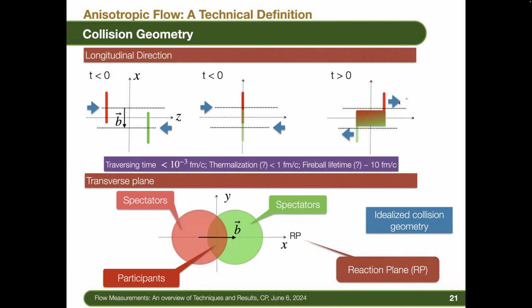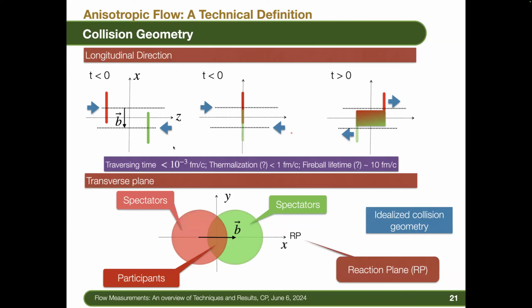The spectators will just move forward at nearly the speed of light, this way and that way. But in the participant region, the conversion of kinetic energy leads to the creation of a quote-unquote fireball. And it is this fireball that is now of interest to us.